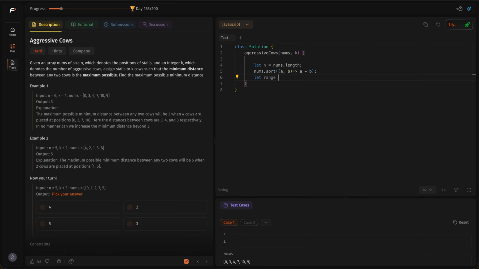Then the range is basically nums[n minus 1] minus nums[0]. So yeah, we have the range also.